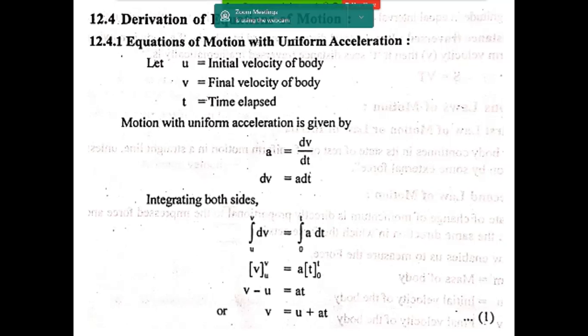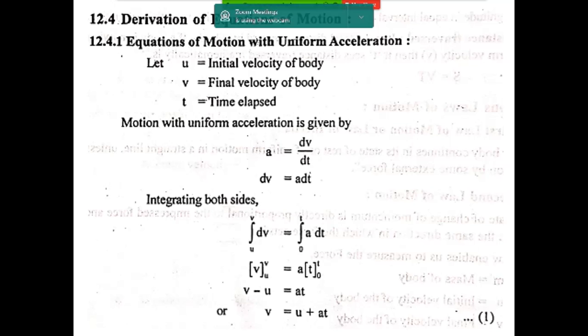Then integrating both sides, I am integrating dv from 0 to v and dt from 0 to t. Then dv becomes v and dt becomes t. On simplification of this equation, this will give v minus u is equal to at, and v is equal to u plus at.